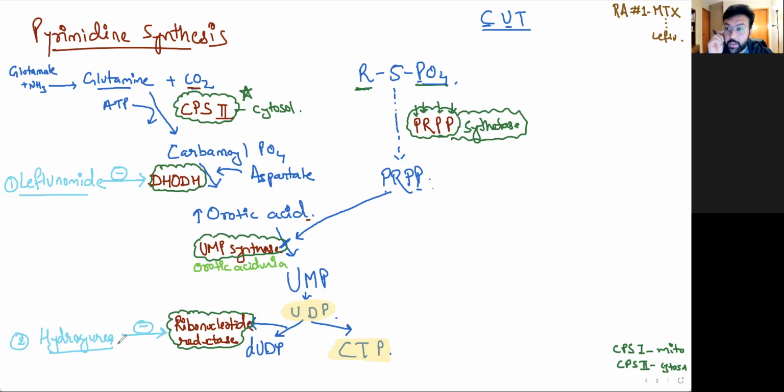Hydroxyurea is going to increase the fetal hemoglobin. Now tell me, I'll be really impressed. What's the composition of fetal hemoglobin? Alpha, beta, gamma, delta, what?